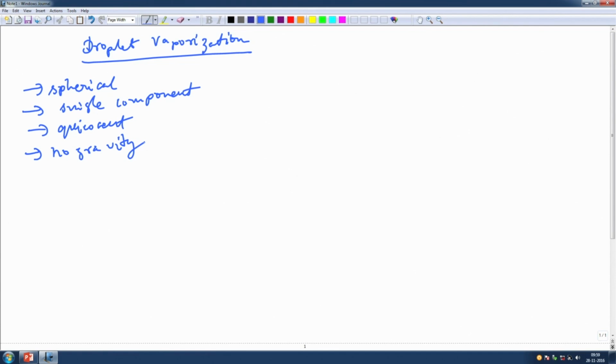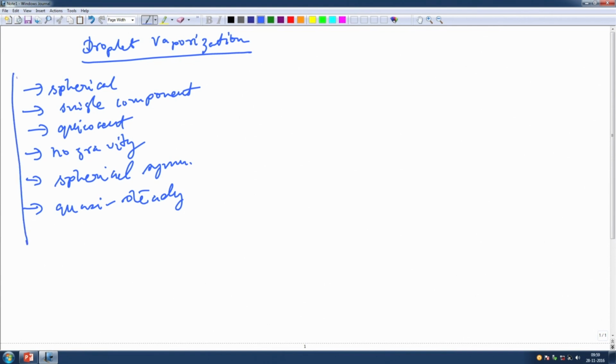Then there is spherical symmetry, and there is a state of quasi steadiness, which we already established, when we can consider the flow field to be quasi steady. I am not including the combustion parameters here, but that we will cover a little later. So, these are the basic assumptions.